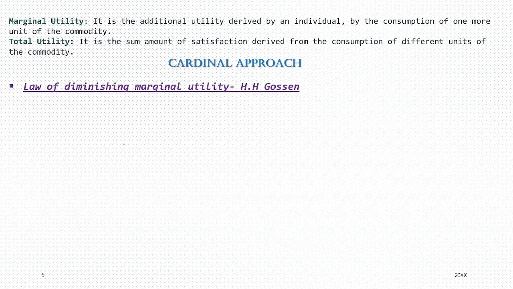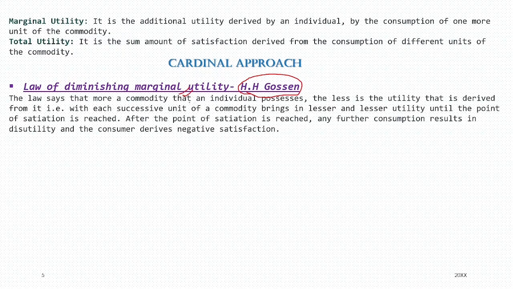So, the first law that we will study in the cardinal approach is the law of diminishing marginal utility, which is very important, and it is given by H.H. Gossen. Do remember this. What does the law state? It says that the more of a commodity an individual possesses, the less is the utility derived from it.